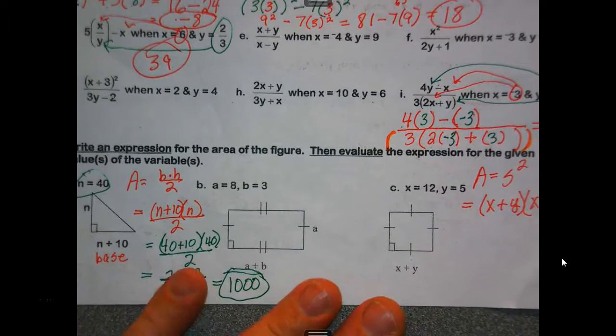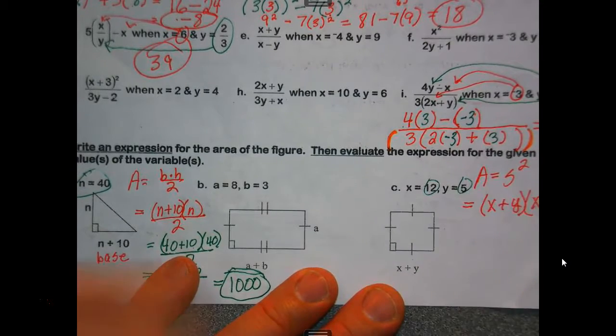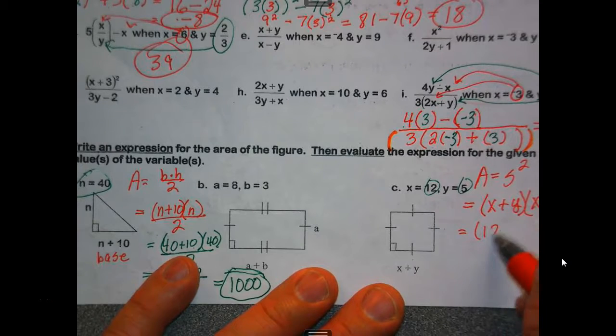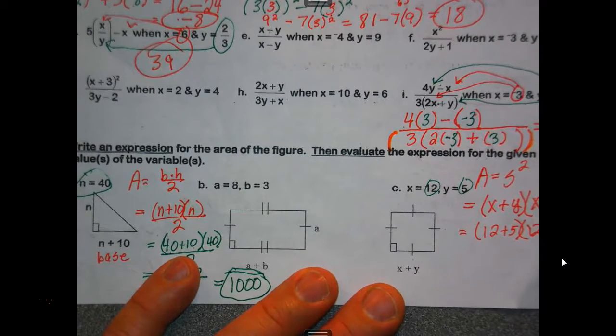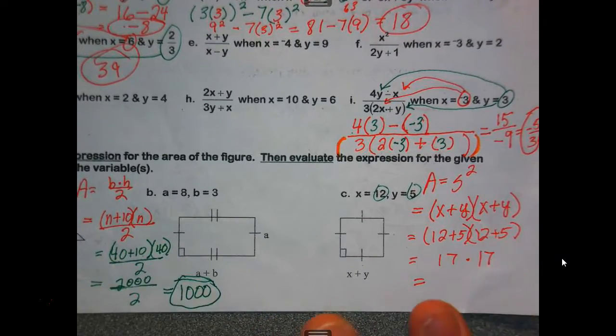My x is 12, my y is 5, so I have 12 plus 5, 12 plus 5, which is 17 times 17, which is just 17 squared. And 17 squared is what? 289? Yeah.